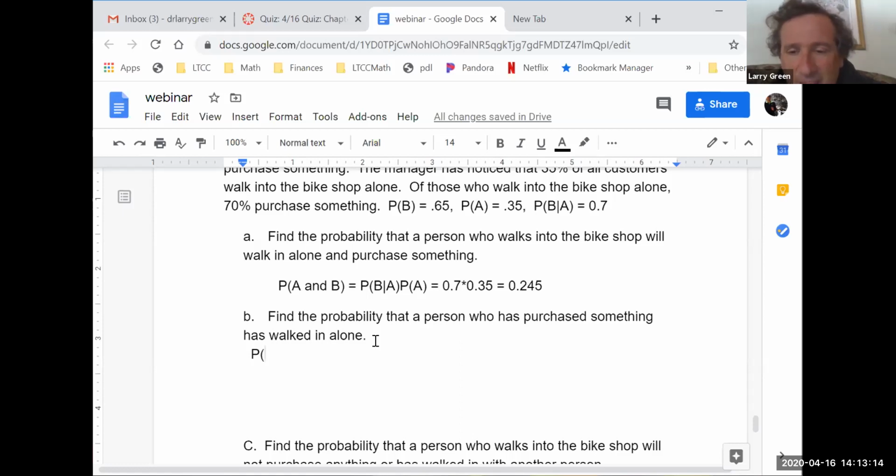Yeah, that's going to be A given B. And we have a formula for that. That's the probability of A and B divided by the probability of B. And the nice thing is we have those. The numerator we just did, 0.245. And then the denominator is the probability of B, which was 0.65.